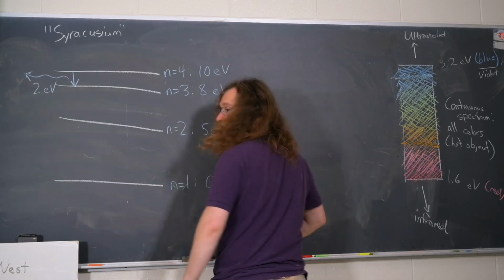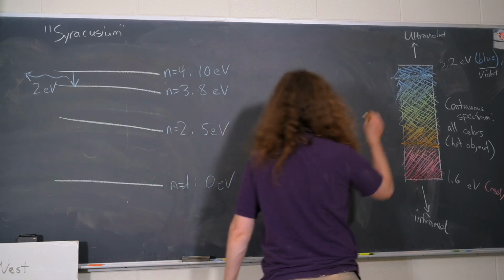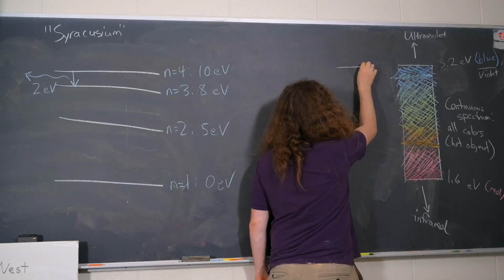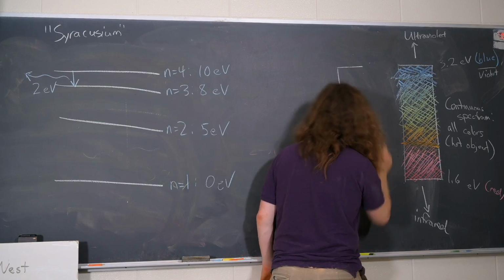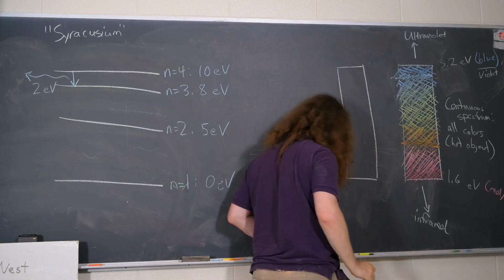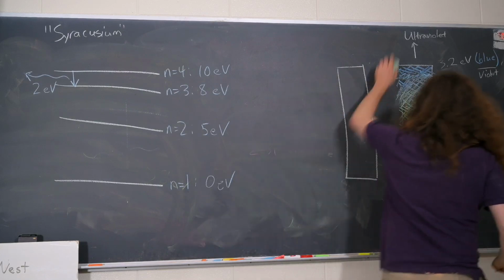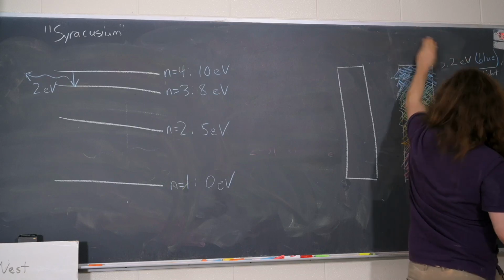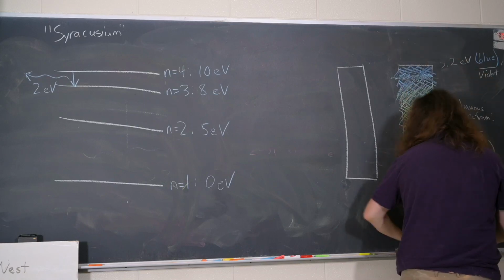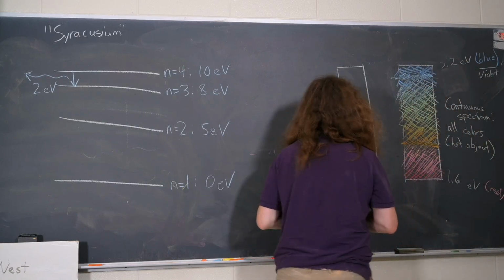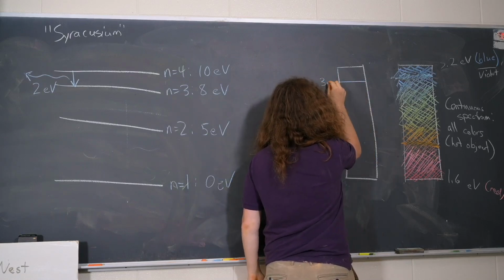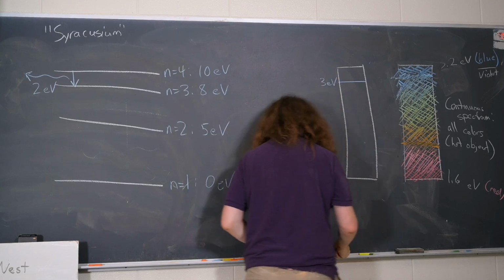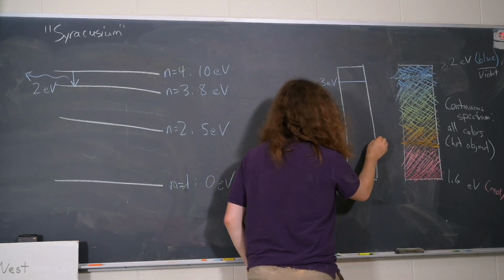So what we saw then is if I put a tube of syracusium in my little box, it will produce a spectrum that has just 2 lines in it. One line up here, and one line here.